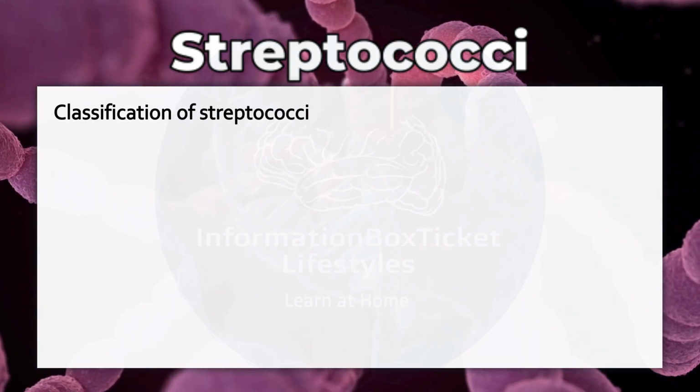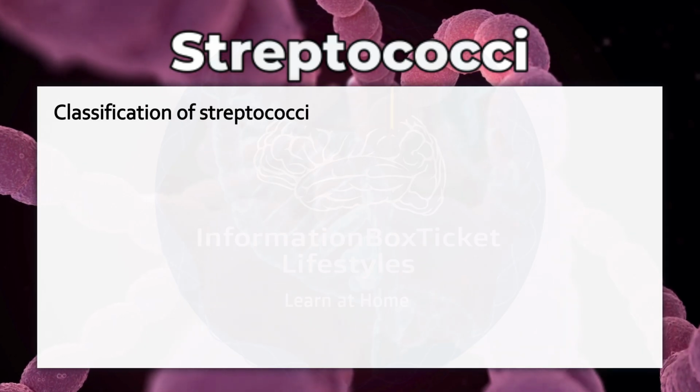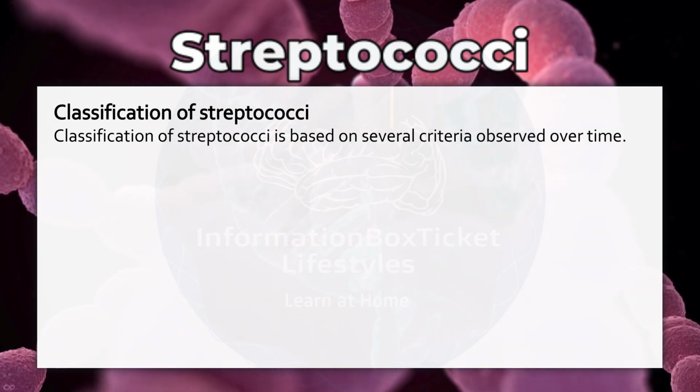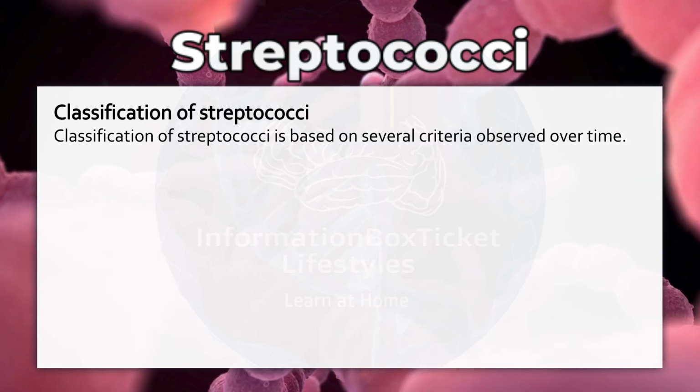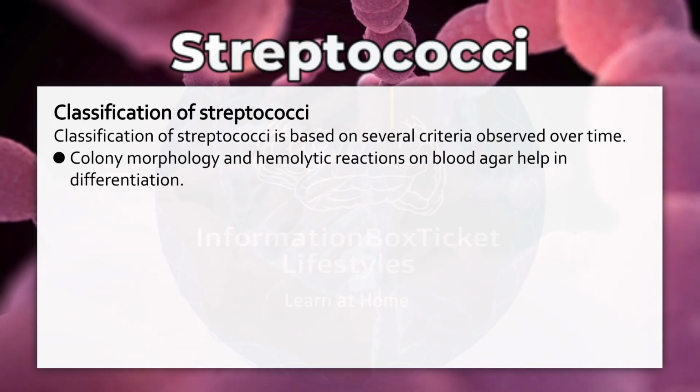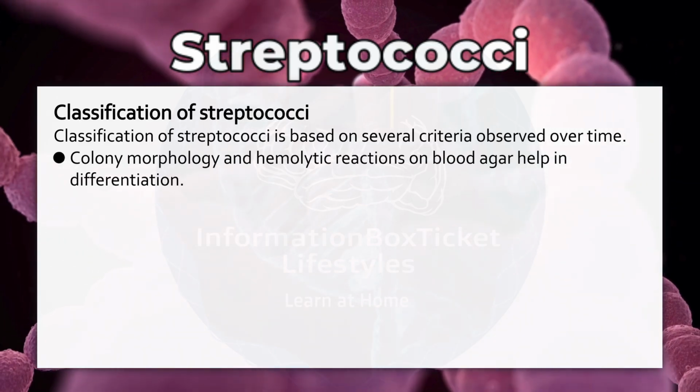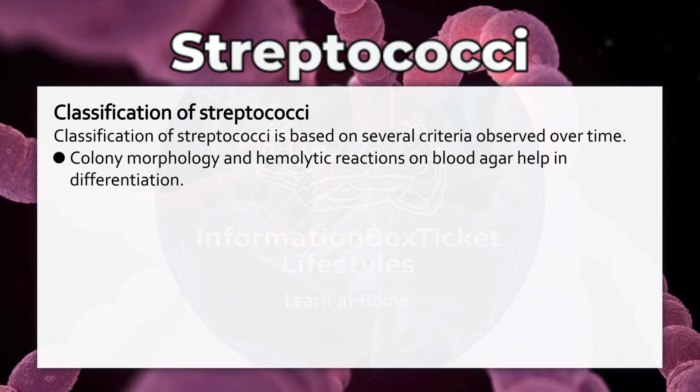Classification of Streptococci. Classification of Streptococci is based on several criteria observed over time. Colony morphology and hemolytic reactions on blood agar help in differentiation.